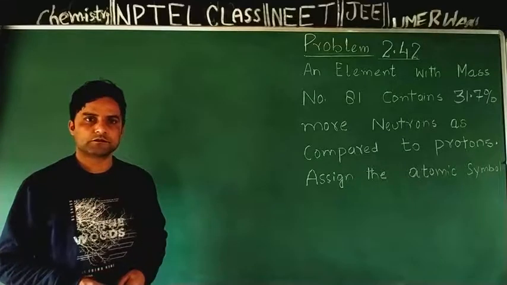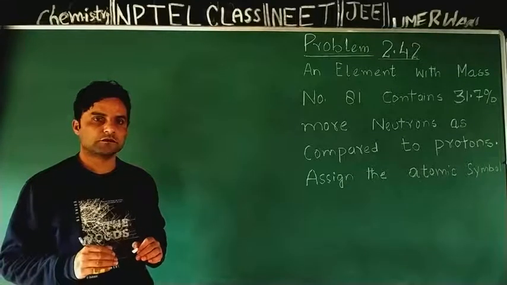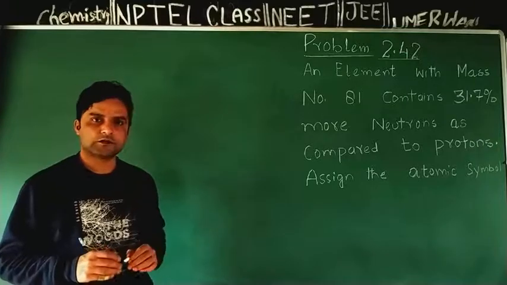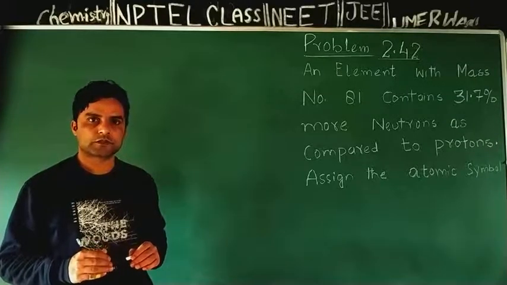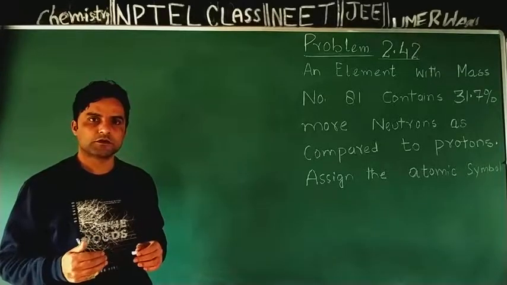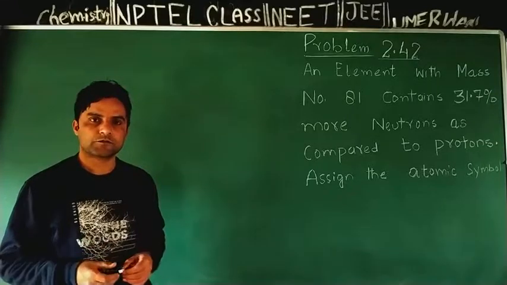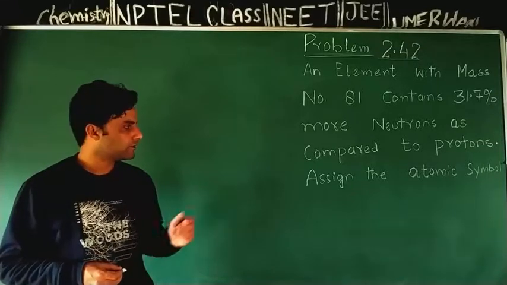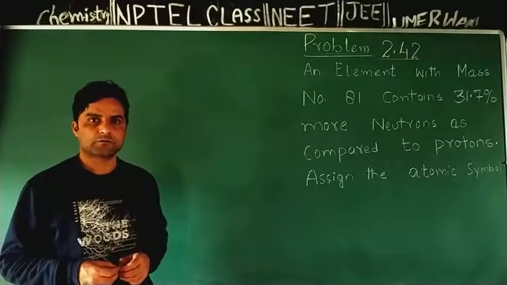Mass number is given 81. It is conveyed to us that number of neutrons are greater than number of protons, and by how much? 31.7% greater than number of protons. Now we have to write the symbol of this element.